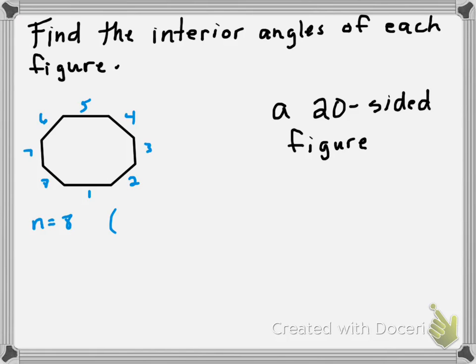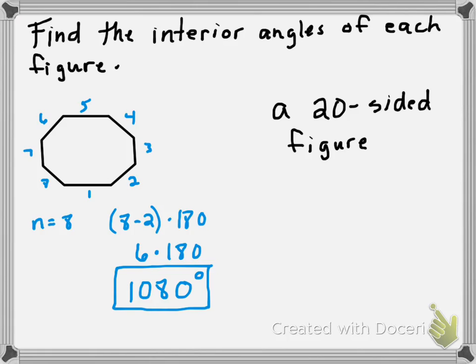And I can use my formula, 8 minus 2 times 180. So 6 times 180, which is 1080. So the sum of all the interior angles, if I added up all these angles in here, would be 1080 degrees.